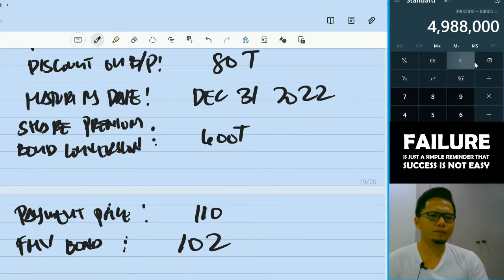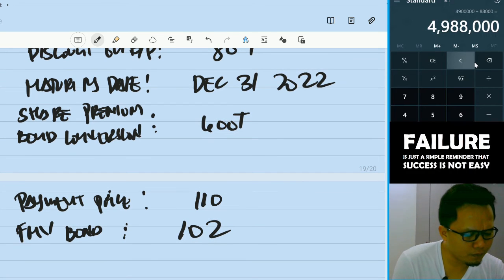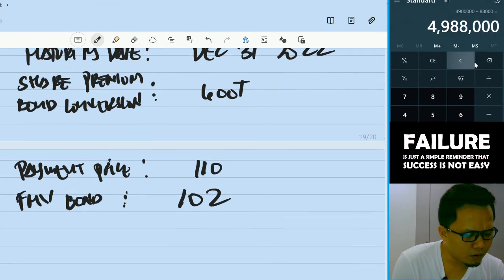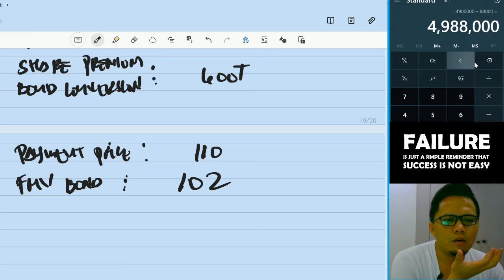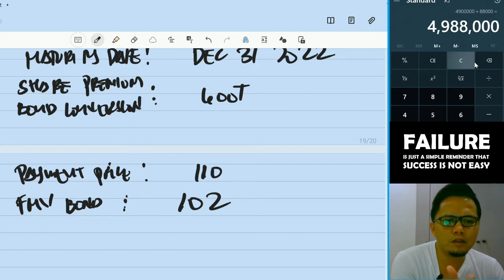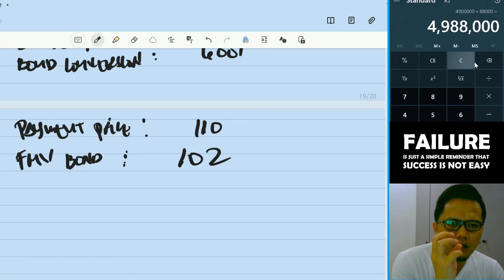So, the concept is, again, if a convertible bond is paid prior to maturity date, it is as if na ang nangyari is during issue date na i-allocate natin yung issue price between the liability portion and the equity portion.